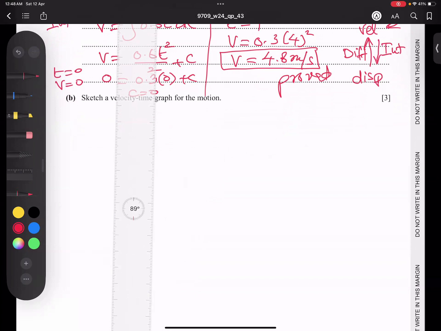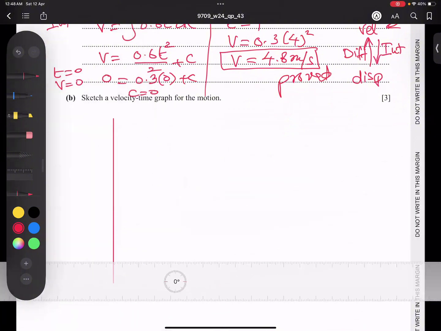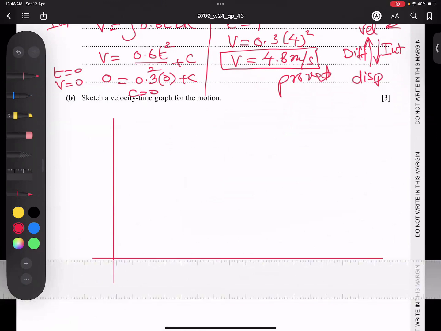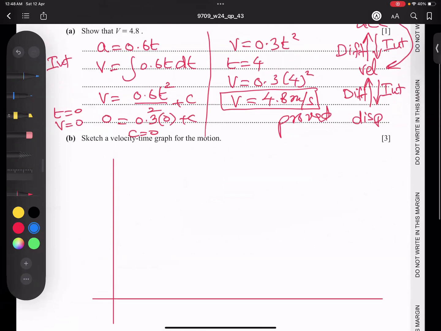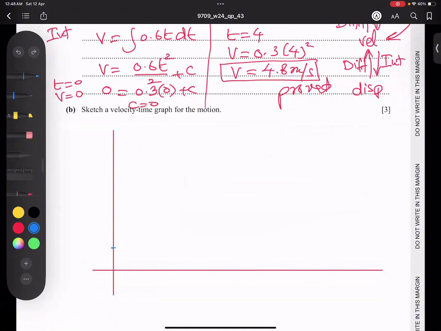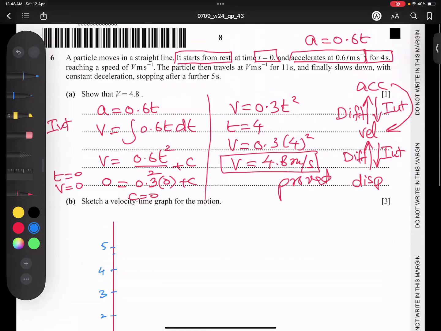So I make a line here, and a line here. Now remove the scale and check it. Common sense: he said that when time is 4, speed is 4.8. So I take 1, 2, 3, 4, 5, just for the sake of understanding. 4.8 is somewhere here. And what's the total time he talks about? The first 4 seconds, 4 plus 11 is 15, 15 plus 5 is 20.